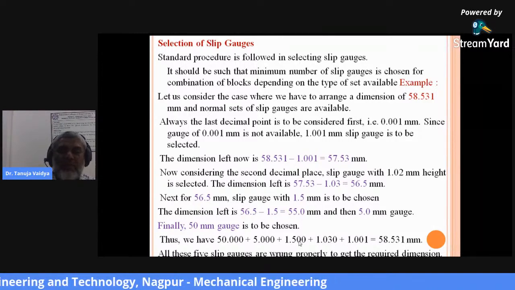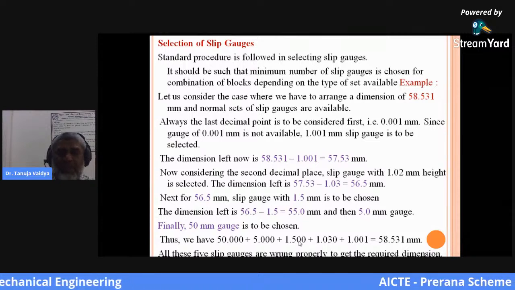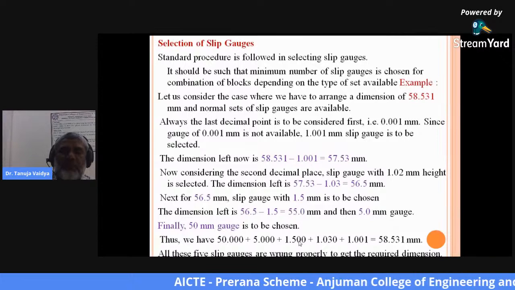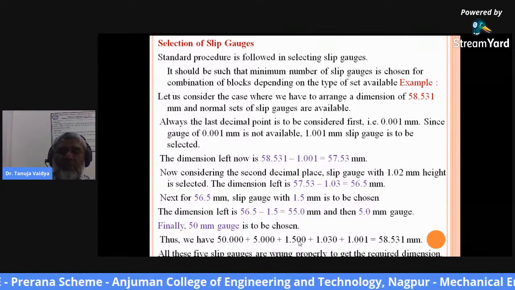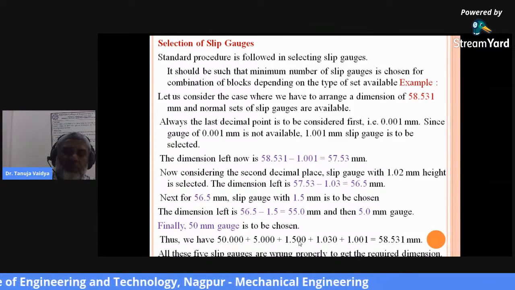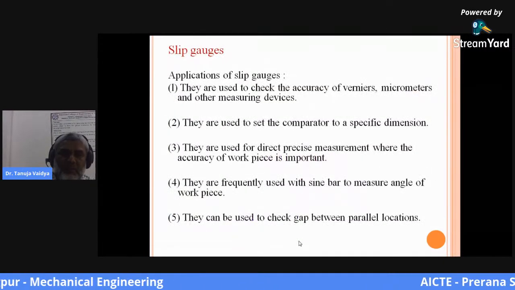Hence all these 5 gauges will be wrung together, and you will get an exact dimension of 58.531. All these 5 slip gauges will give you the required dimension after properly wringing them. Hence these are one of the most important precision instruments in metrology.